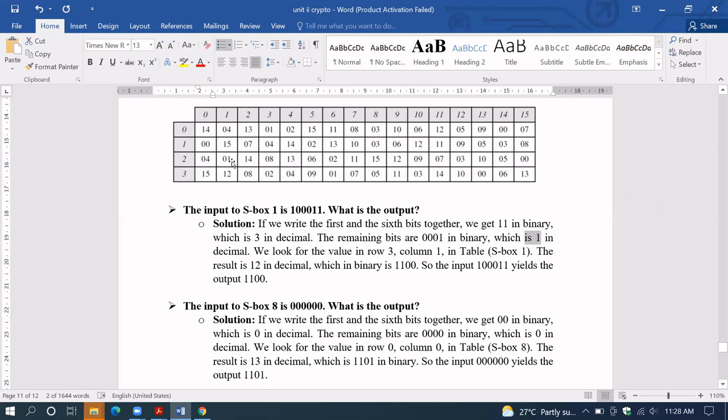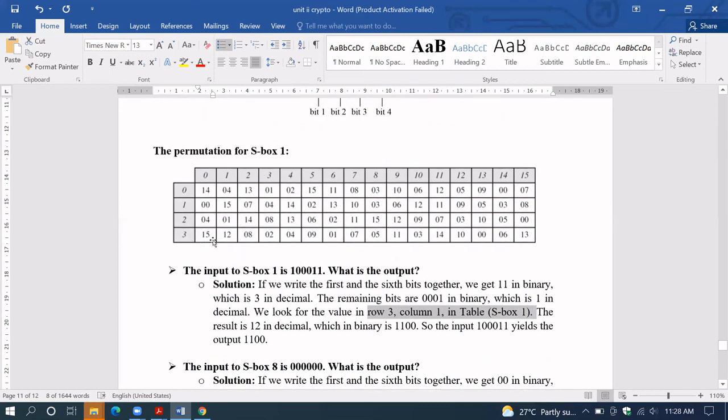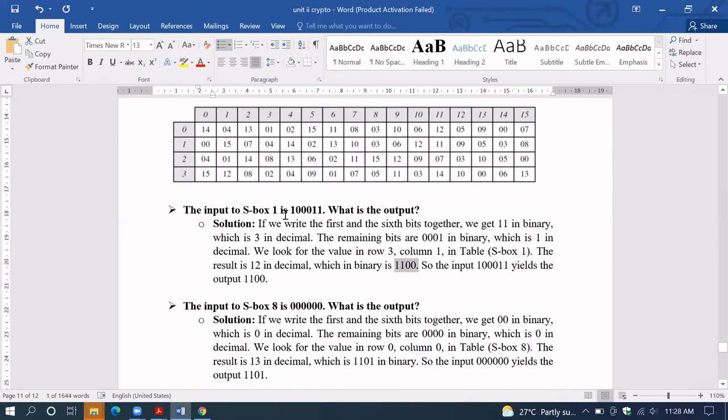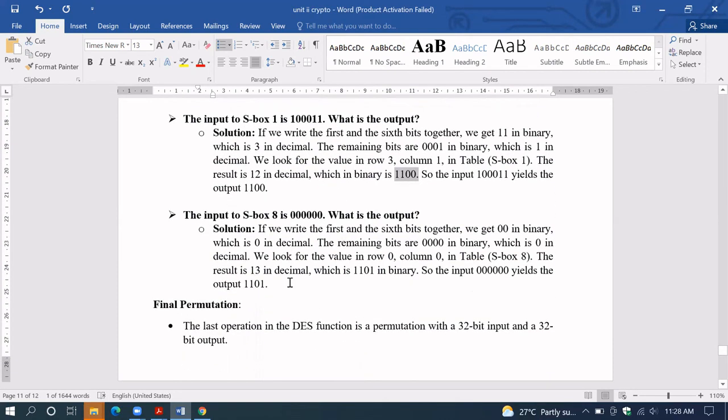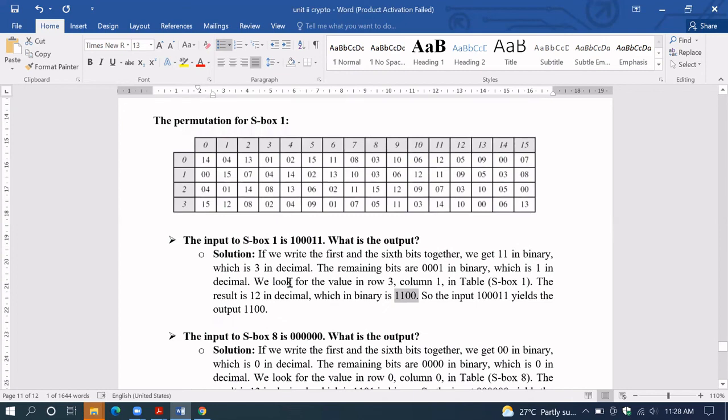So we have to look in row 3 and column 1 in the S box 1 table. So this is the S box 1 table, third row and first column, the value we obtained is 12 in decimal. The corresponding binary value is 1100. So we say that 100011 produces an output of 1100. That is with S box 1.